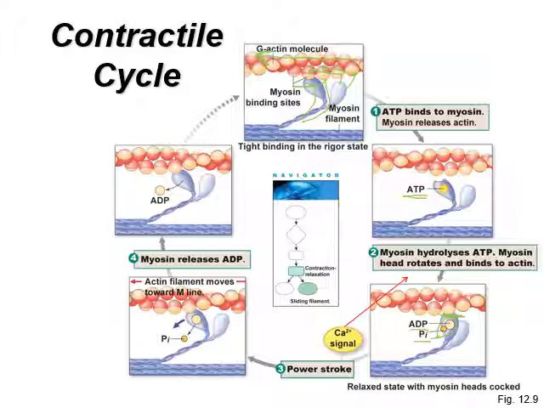And of course there is a calcium signal here that is allowing myosin and actin to bind to each other. Now, from here to here, when the power stroke takes place, the phosphate is released. But ADP is still bound. And then ADP releases. Those are happening very quickly.